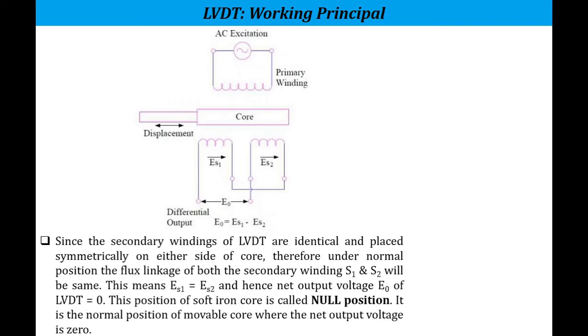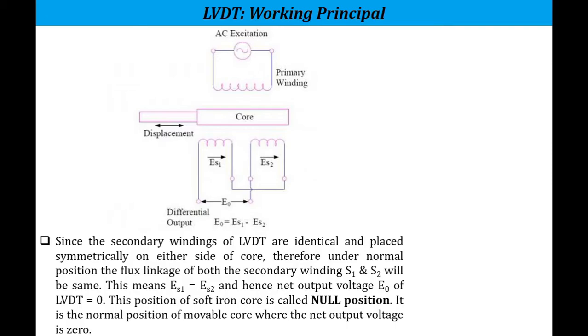Since the secondary windings of an LVDT are identical, that is, they have the same number of turns, and are placed symmetrically on either side of the primary winding, under the normal position the flux linkage associated with S1 and the flux linkage associated with S2 will be the same.